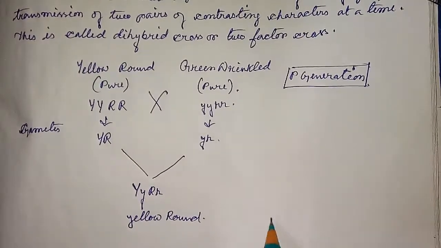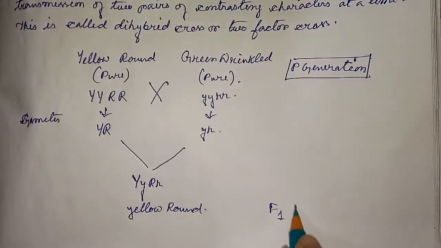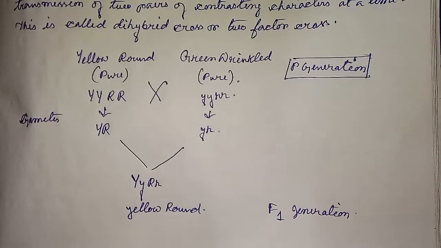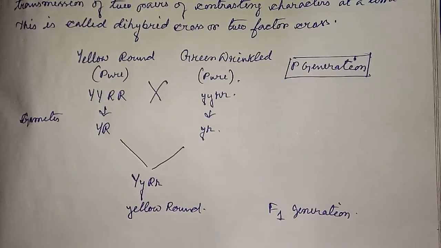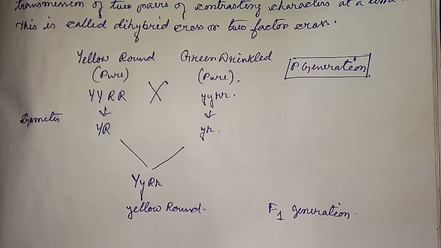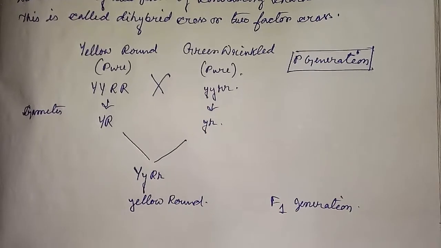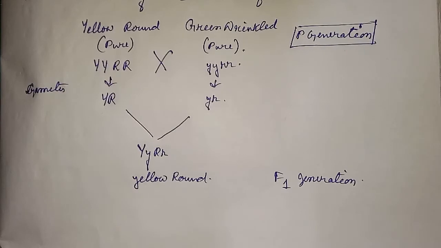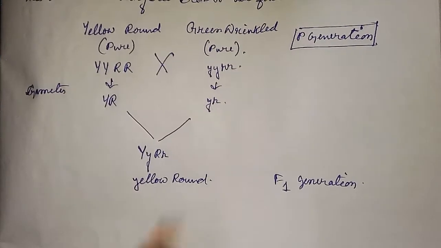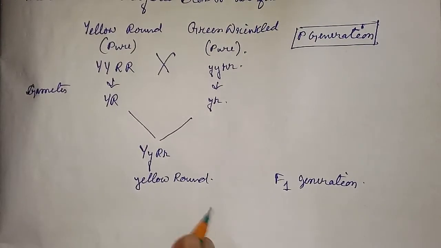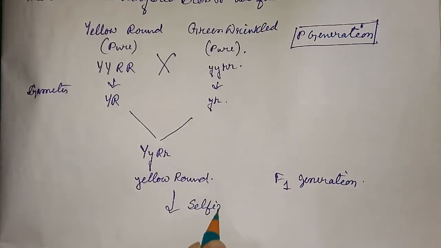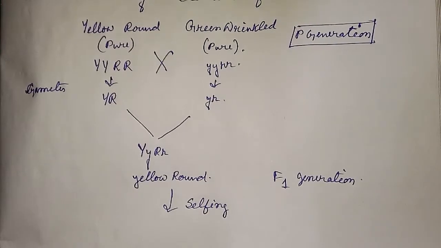It is the F1 generation. Now self fertilization occurs between the F1 generation. So what will happen now?